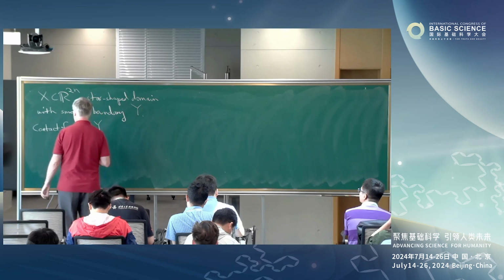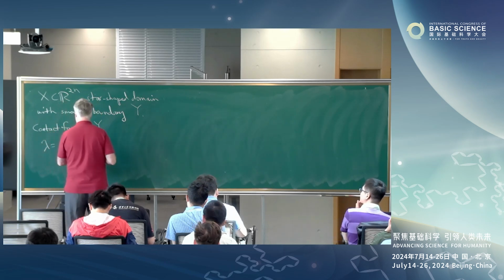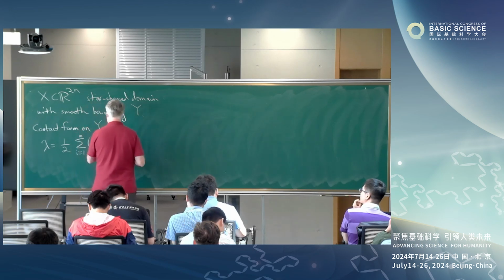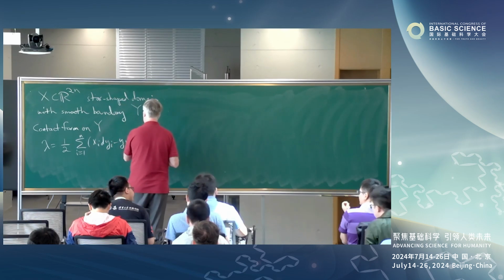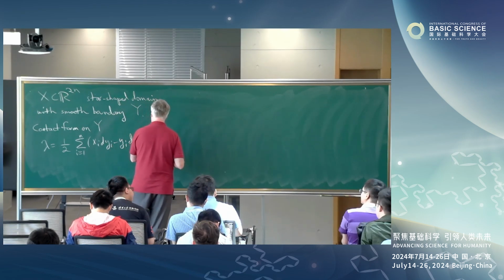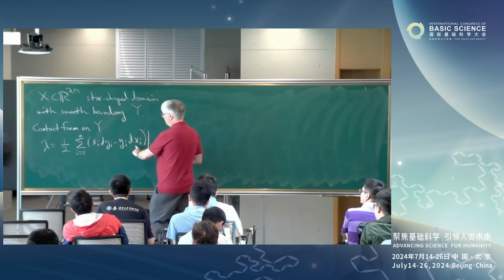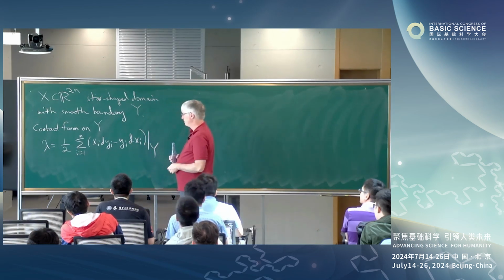on Y, which is defined by lambda equals a half the sum from i equals 1 to n of x_i dy_i minus y_i dx_i restricted to Y. So this thing is a standard Liouville form on R^2n.